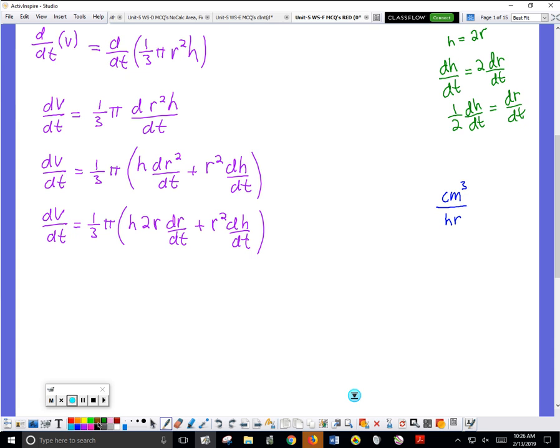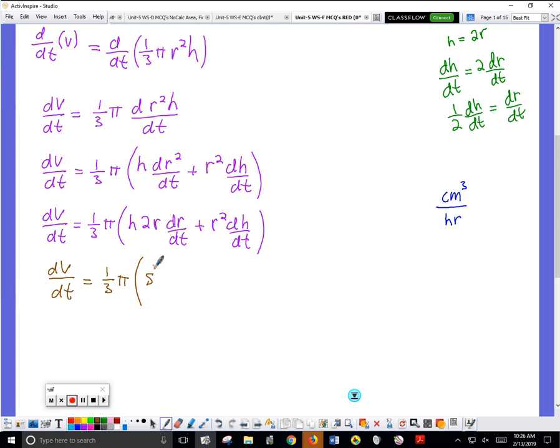So we type it in. I say dV dt is going to equal 1/3 pi, parenthesis. The height is 5 at the moment I'm interested in. Oh, look, how easy. 2 times the radius. 5. 5 again, because the radius is half of 5.